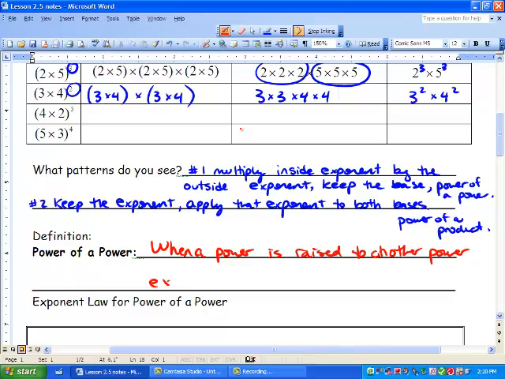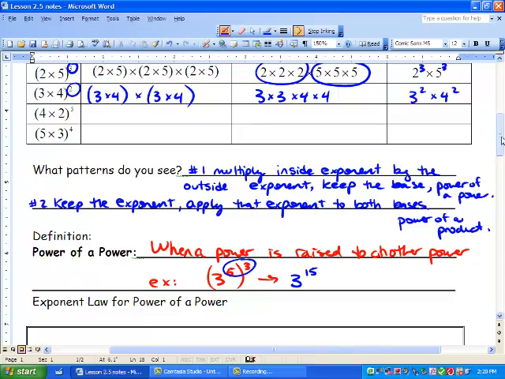And so let's get an example here. We have 3 to the exponent of 5 to the 3. Well, when a power is raised to a power, and we talked about this already, we're going to just multiply these powers. And so 5 times 3, and we get 3 to the exponent of 15.